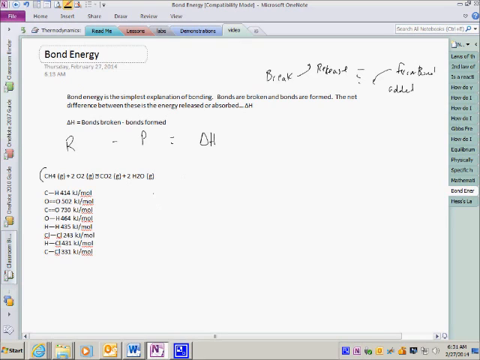So let's draw a pictorial version of this. I have a CH4 molecule plus an O2, and I have 2 of them, will yield a CO2, just one of them, and I have 2 water molecules.